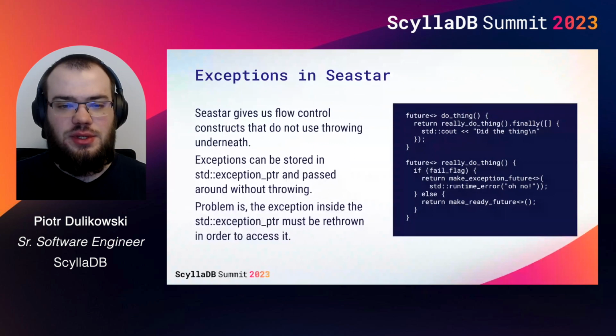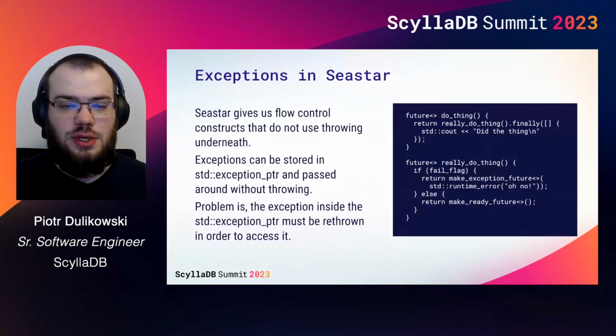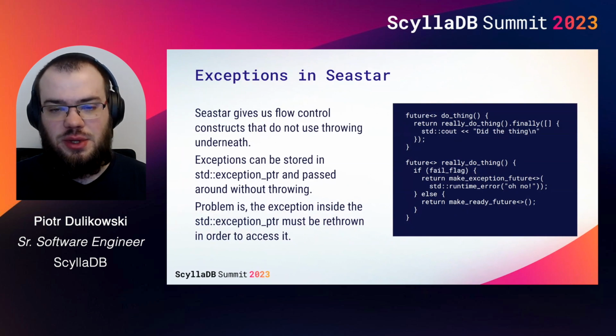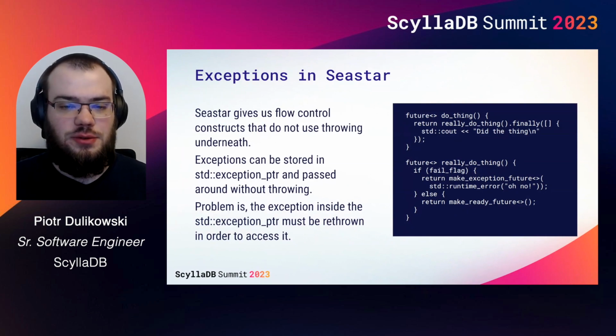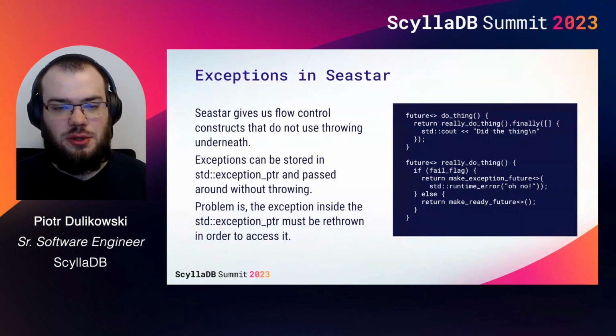In addition to this, it is possible to construct an exceptional future directly, without throwing the exception. Unfortunately, the standard library doesn't make it possible to inspect a std::exception_ptr without rethrowing it. Because each exception has to be inspected and handled appropriately at some point, sometimes more than once, it is impossible for us to get rid of throws if we want to use exceptions and have portable code.